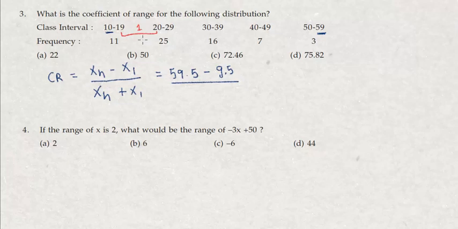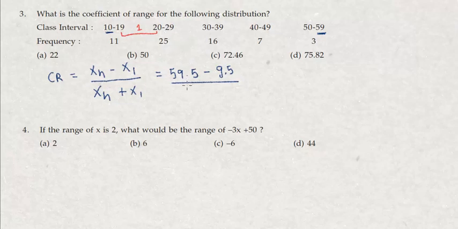So if I want to make both numbers equal, then I have to take an average of them. The average is 19 plus 20 divided by 2, which is 19.5. Or we can say half of this 1 is 0.5, and that is the reason why I have made an adjustment of 0.5 plus in the higher limit and 0.5 less in the lower limit.